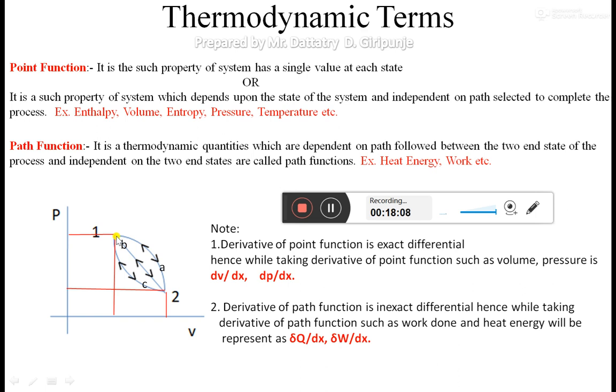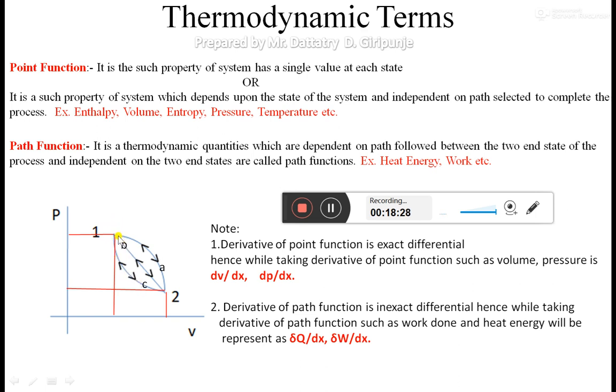Okay, so if I use path A for transformation of the system from state 1 to state 2, I will have a different value of that characteristic. I will have a different value by path B, and a different value by path C. It is simple.